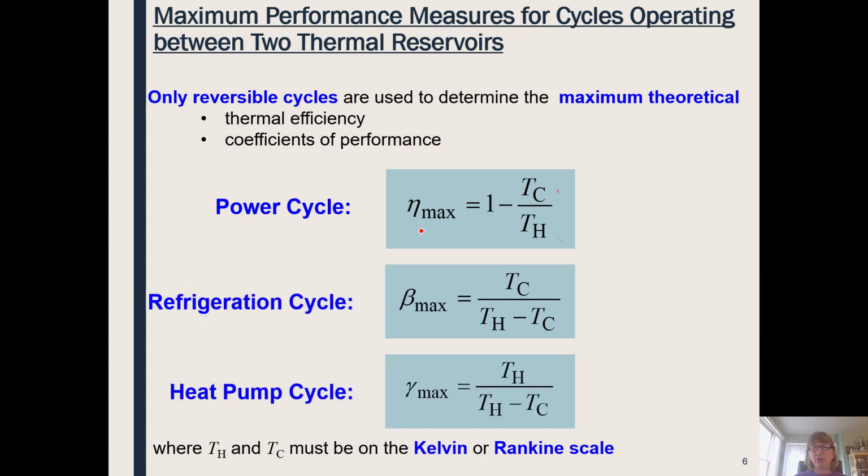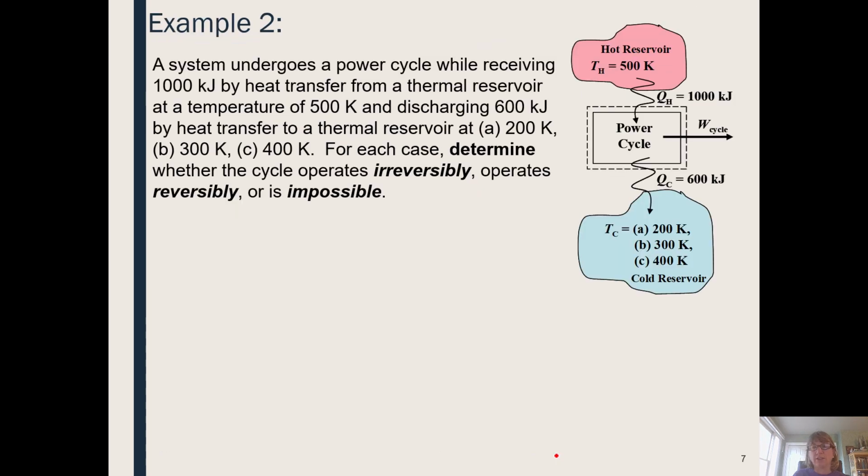If we look at refrigerators and heat pumps, again, if we use the temperatures in place of the heats, we can get our maximum coefficient of performance. One thing to keep in mind, all these temperatures must be in the Kelvin or Rankine scale. Cannot use Celsius or Fahrenheit. So it's something to keep in mind when we look at these particular scales.